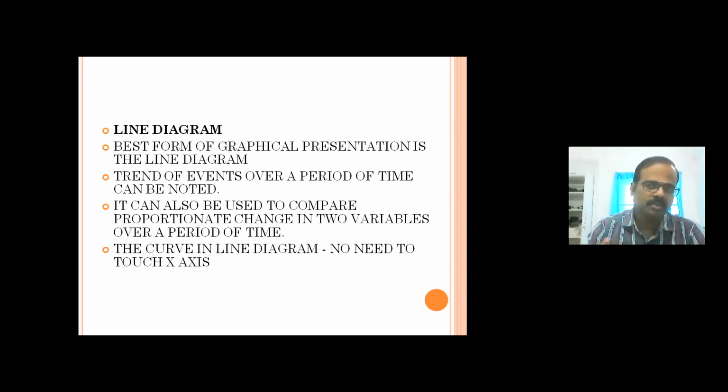More than one variable can easily be shown in this diagram. Proportionate change in two variables at the same point of time or over a period of time can also be depicted in a line diagram, which I'm going to show you in the next slide as an example. The curve of the line diagram need not touch the x-axis. So this is the example for a line diagram.